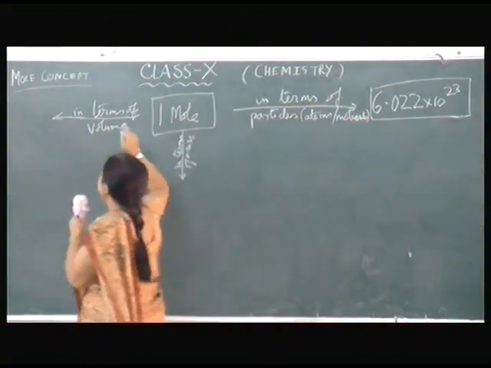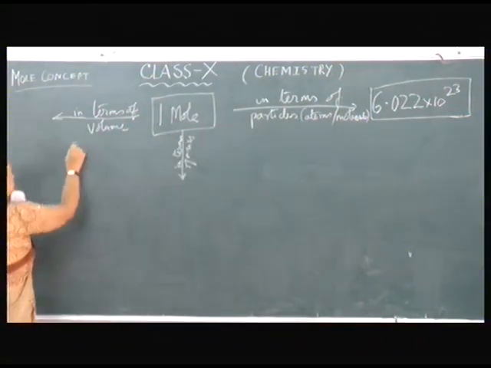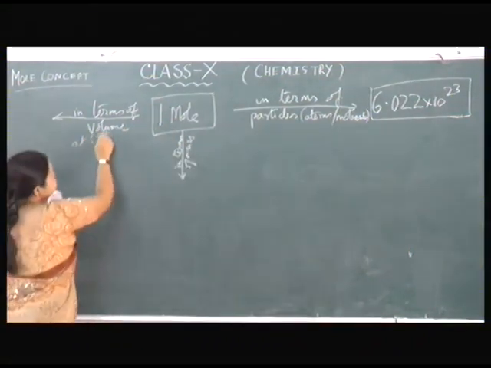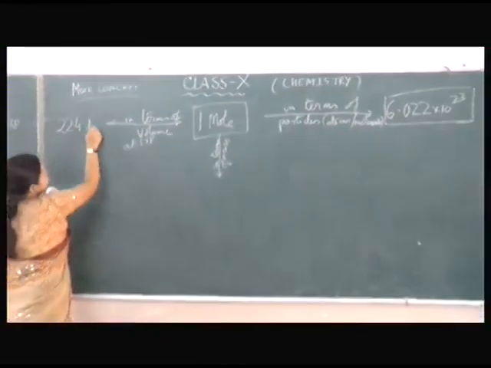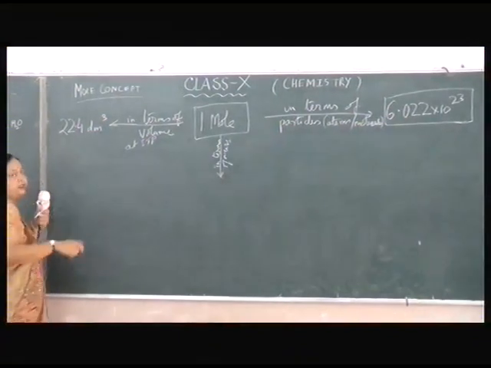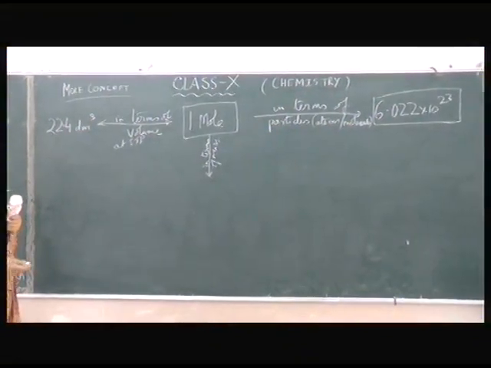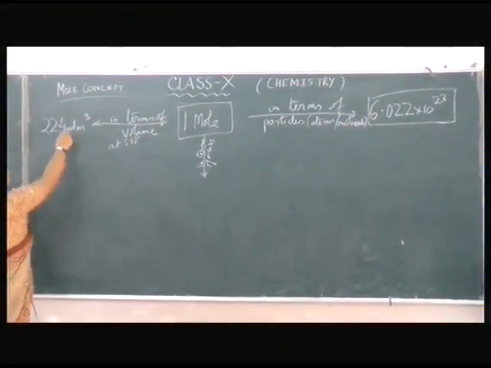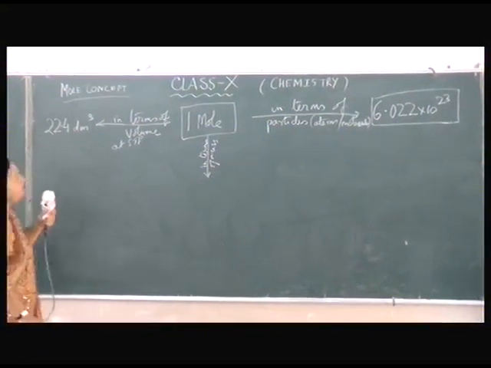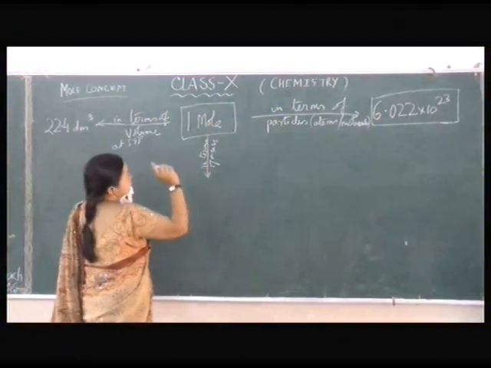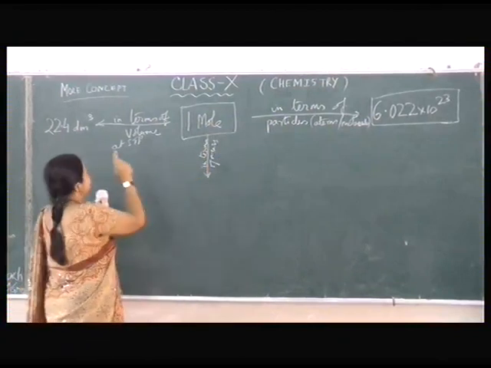In terms of volume, at STP, 1 mole of anything will occupy 22.4 dm³. This is equal to 22.4 liters, or 22400 cm³, cubic centimeter. So 1 mole contains 6.022 × 10^23 particles.